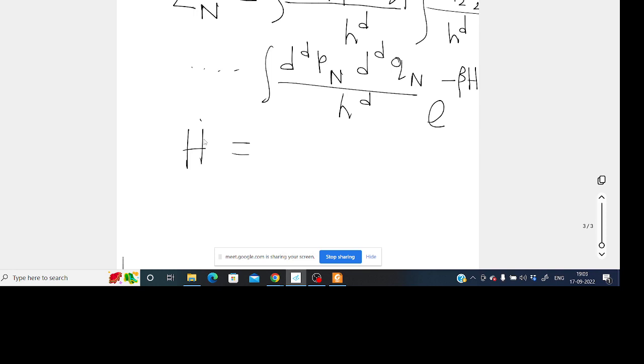Let's say the Hamiltonian of the first particle is h1 and the Hamiltonian of the second particle is h2, so on up to hn, and there is no interaction between the first particle and the second particle.